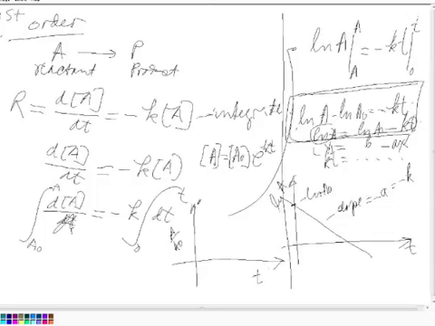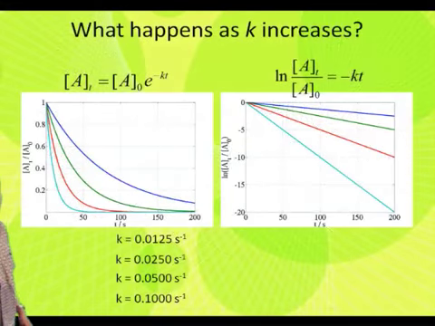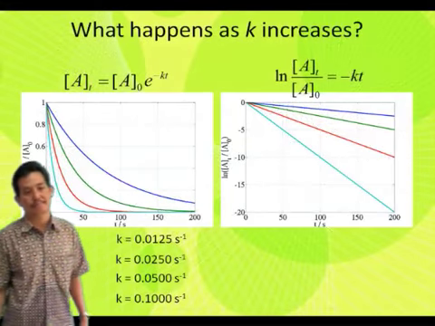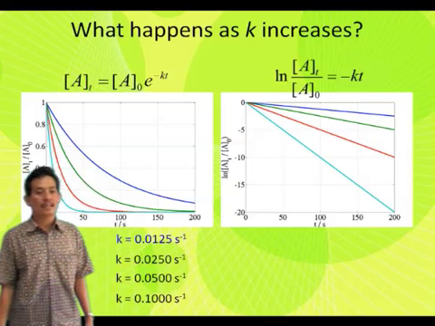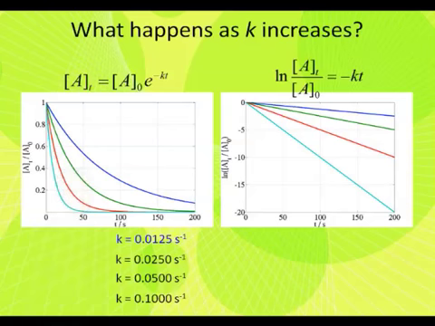So we can get a graph like this. You can see again on the presentation, on the left side of the graph, when the value of k is smaller, like given by the line in blue color, the formation of the products is a bit lower, or the decrease of the reactant is slower.